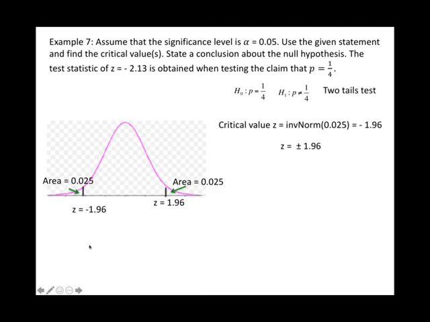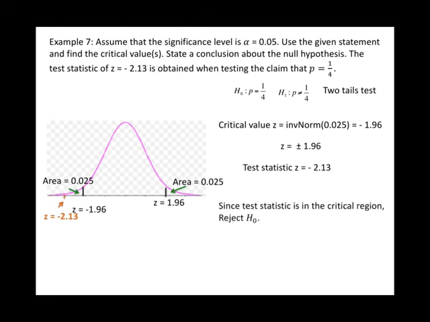We have two critical values. Okay, my test statistic is going to be negative 2.13. So think about it. Where is your test statistic located? Is it in the critical region or not in the critical region? Negative 2.13 is somewhere like here. So this is in the critical region. We're going to reject the null hypothesis.